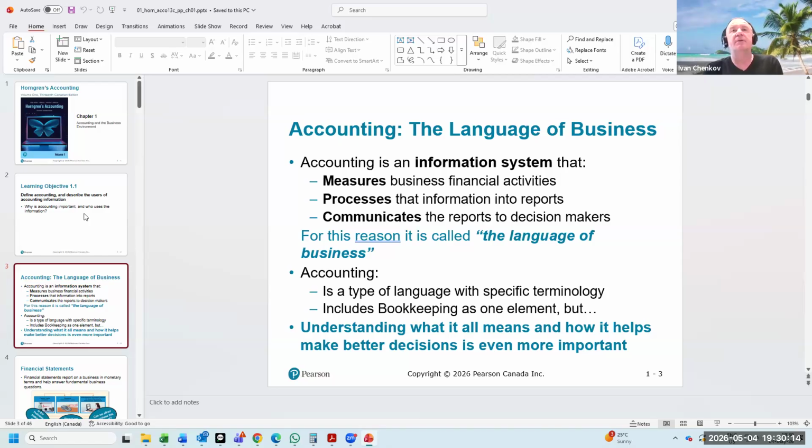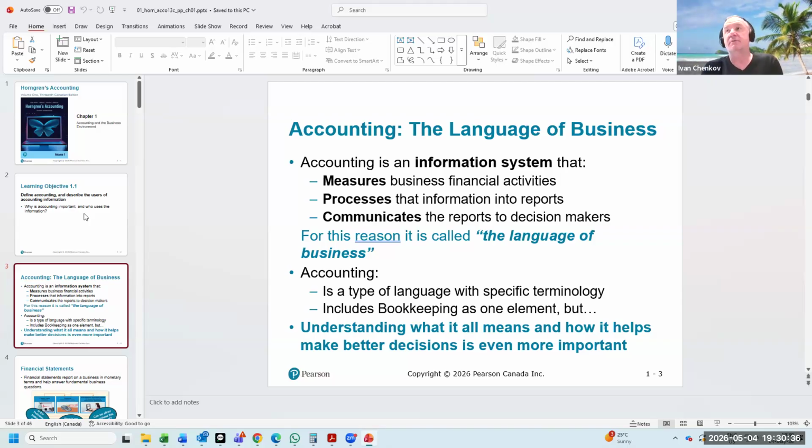Based on that information, you can find different things. First, you can measure your financial activities. Same as in accounting. From the information system that we have in accounting, I can measure the business financial activities. In your personal account, I can find your financial activities.